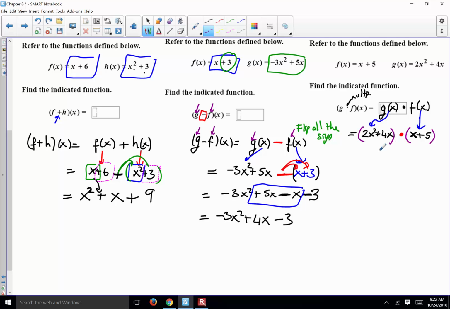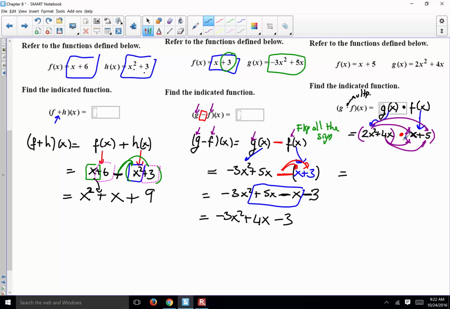You need to put parentheses around them and multiply and distribute. So it's 2 terms versus 2 terms multiplication. It's a FOIL, perfect FOIL. So you need to distribute this as first terms, outside terms, inside terms, last terms method. FOIL. Okay?